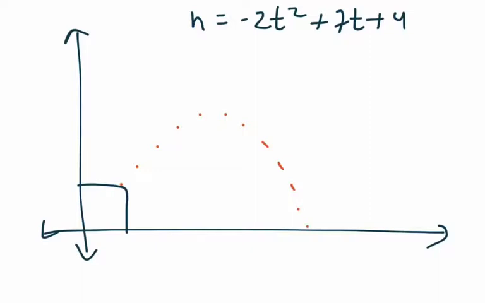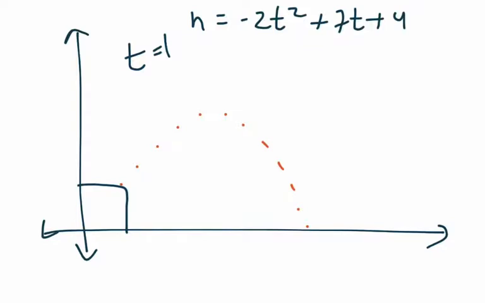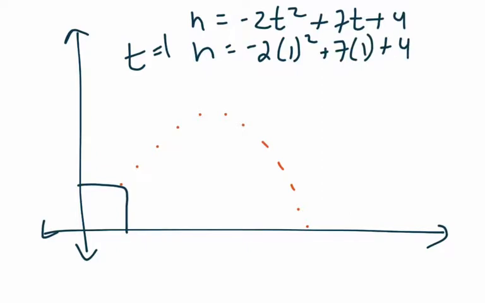So for question A, t is equal to 1 second. So we have -2 times 1 squared plus 7 times 1 plus 4. Mind your order of operations here. You square before you multiply. So 1 squared is 1, and then 1 times -2 is -2, plus 7 times 1, which is 7, plus 4.